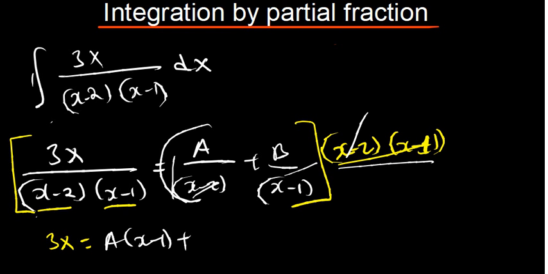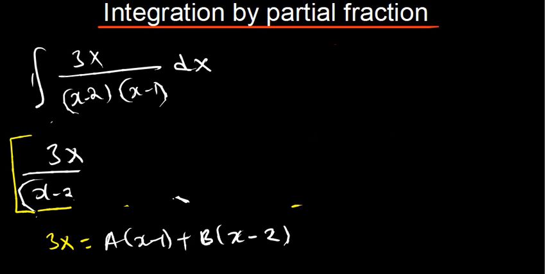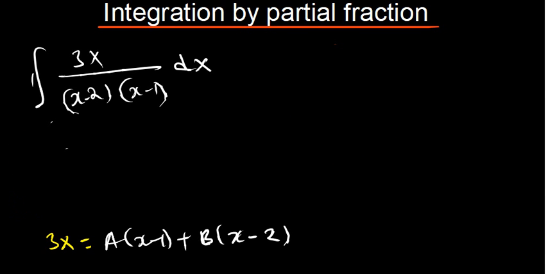This part is going to be cancelled with that part, so I'm going to remain with this part and b, so it's going to be b open brackets x minus 2. So initially that is what we have. Now we have an equation: 3x has to be equal to a times (x minus 1), plus b times (x minus 2).